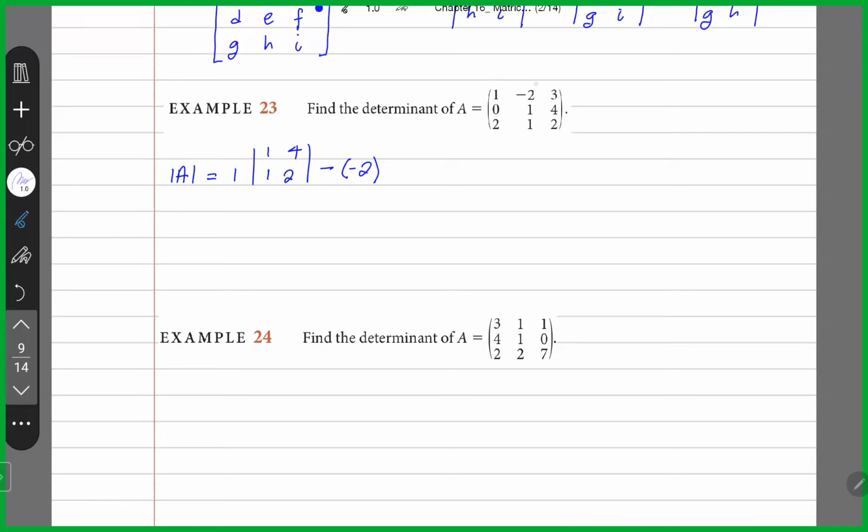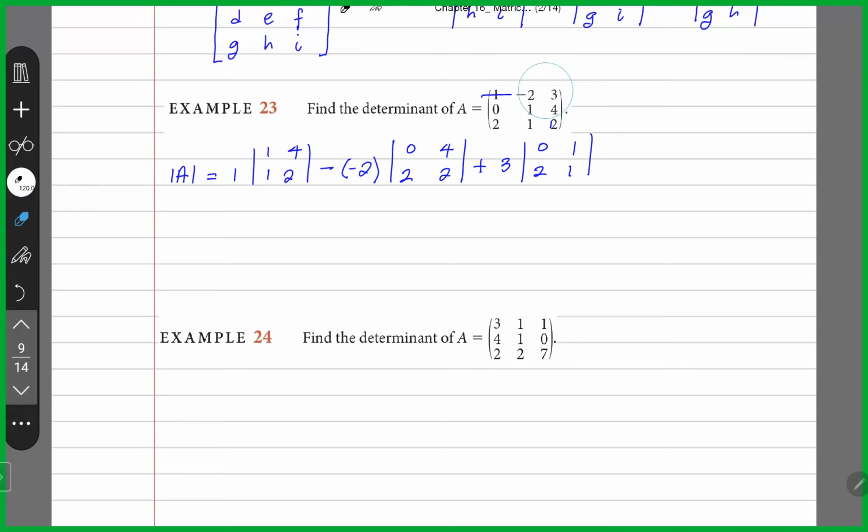And then you block these elements, so it's times the determinant of 0, 2, 4, 2. Then lastly, plus. The signs are literally part of the formula, plus 3, which is the third element in the top row, and you block those, and you get 0, 1, 2, 1.